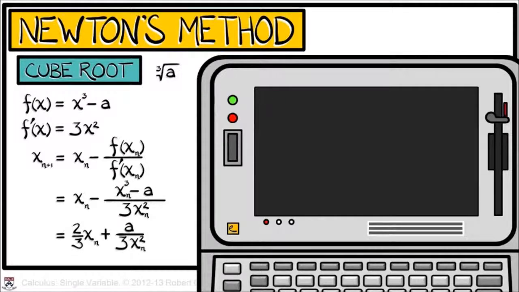Now again, if we, say, evaluate this for a equals 100, what's the cube root of 100? We need to make a guess. I know that the cube root of 125 is 5. So let's use that for our initial guess.